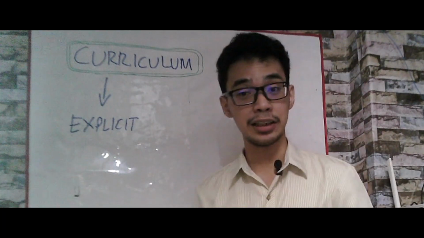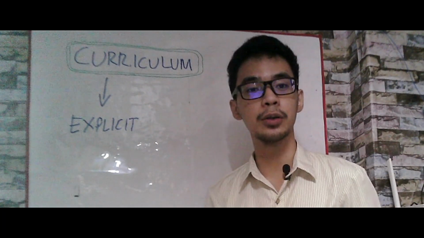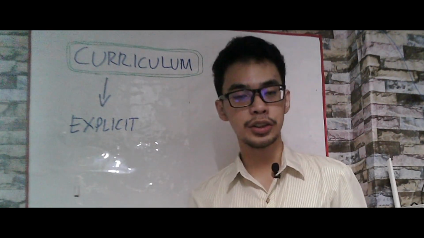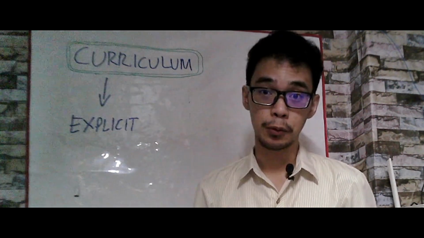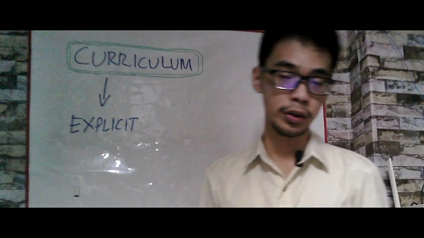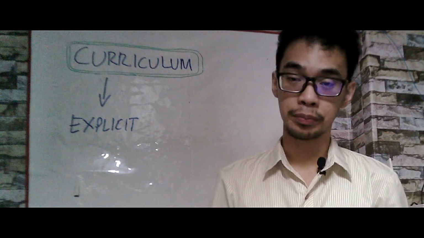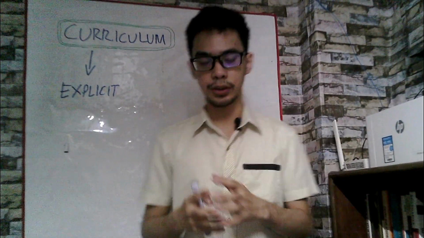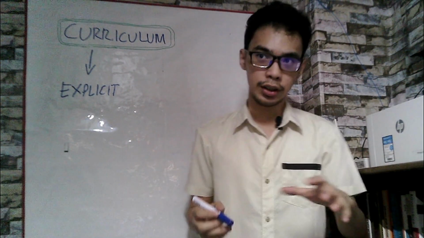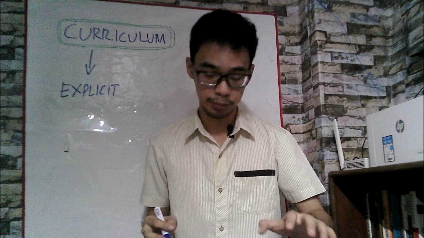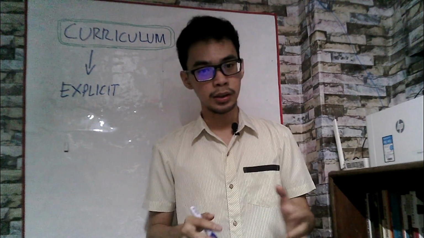We can also add here in the explicit curriculum the various skills or knowledge that are expected for students to learn in that certain curriculum. To concretize explicit curriculum, you see in college that there are subjects. Of course, those are part of the explicit curriculum.